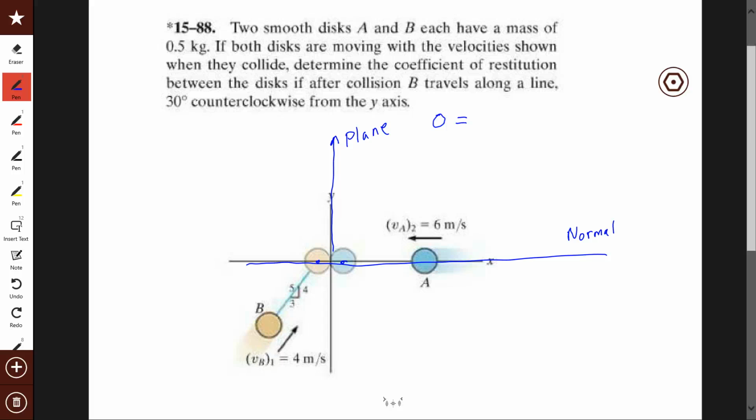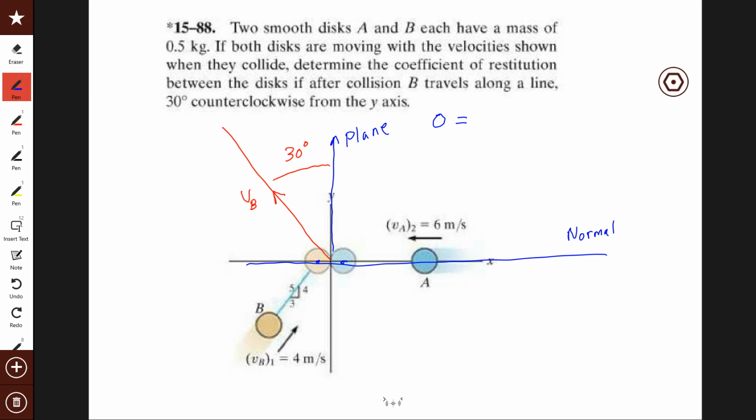So at the end, the velocity of B, they say, is along this line, which is 30 degrees counterclockwise from the vertical. So B is going to move along that. This is 30 degrees, and B has some speed, we'll call it VB right there.